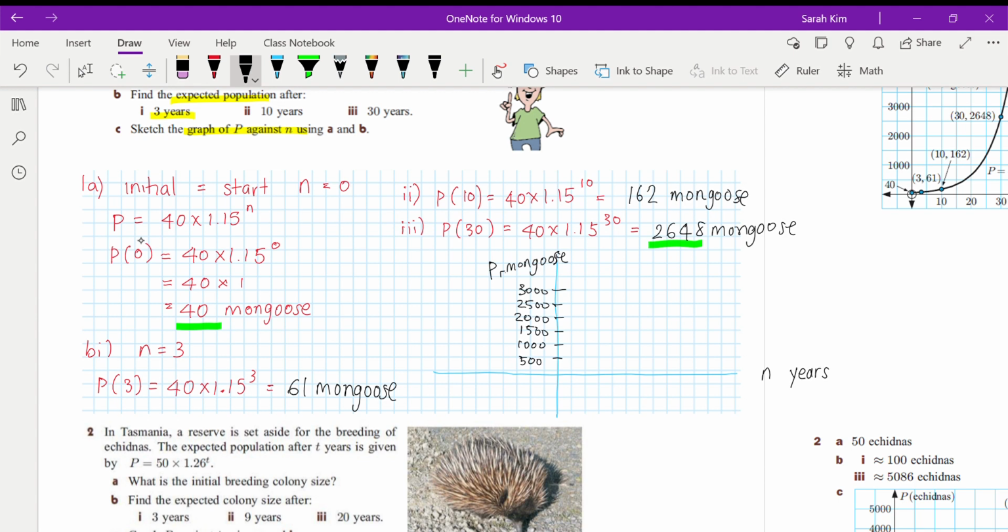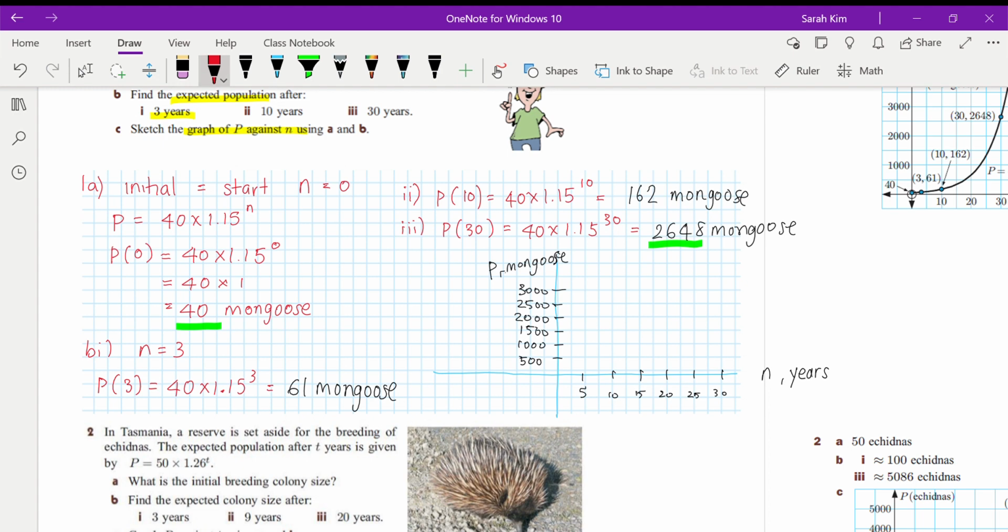So there we go, that's how we write it. Alright, so let's do my x-axis. It's 0 to 30, so I'm going to maybe do 10, 20, oh, that's a bit too small. I'm going to make it a little bit bigger. Maybe I'll do 5, 10, 15, 20, 25, 30, so it's a little bit bigger.